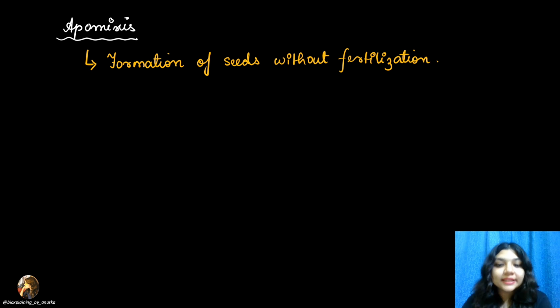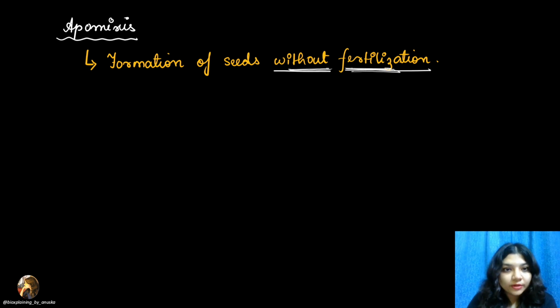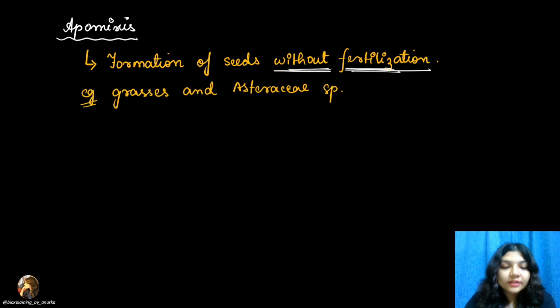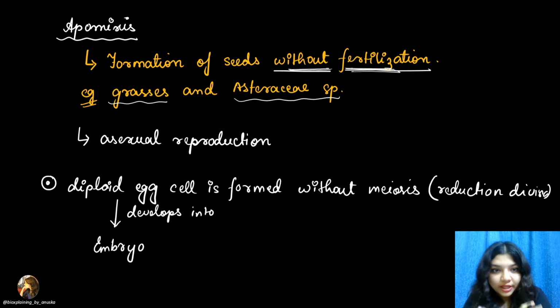Just doing a recap of apomixis once again. That is, seeds are being formed without fertilization. You have just seen that without fertilization, seeds are being formed. ठीक है? And examples are grasses and Asteraceae species. So this is a kind of asexual reproduction. अभी देखा राइट कि सेक्सुअल में फर्टिलाइजेशन होता है, एसेक्सुअल में कोई फर्टिलाइजेशन नहीं होता है.